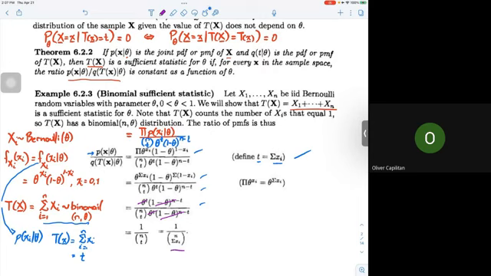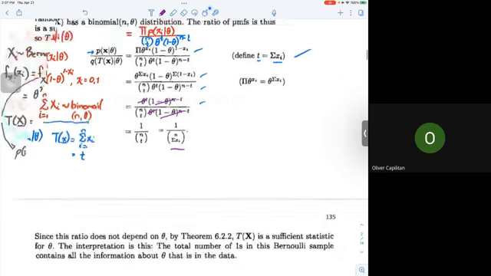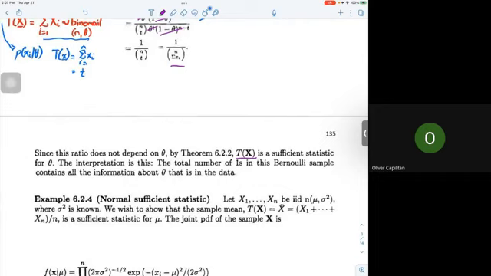And we have seen that the ratio of PMFs does not depend on the parameter theta. Now, our ratio has no parameter. Then we can conclude that this T of X is a sufficient statistic for the probability of success theta.